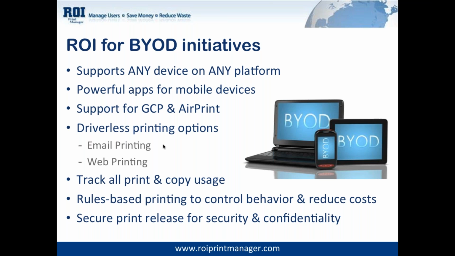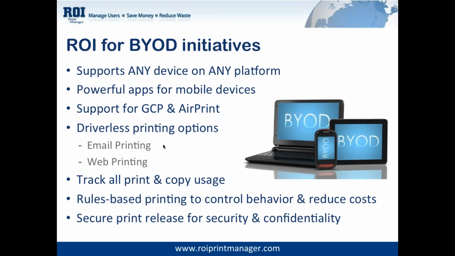Our mobile apps are very powerful. They do more than just help users to submit jobs, but also offer productivity and security functionality. We support protocols such as Google Cloud Print, which is very, very important for Chromebooks. It's the main method by which Chromebooks are able to print.